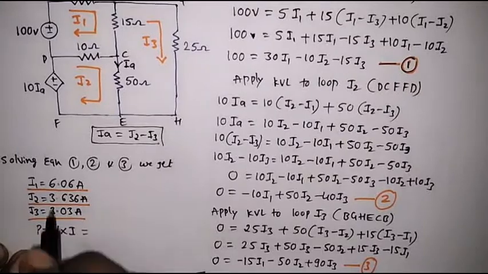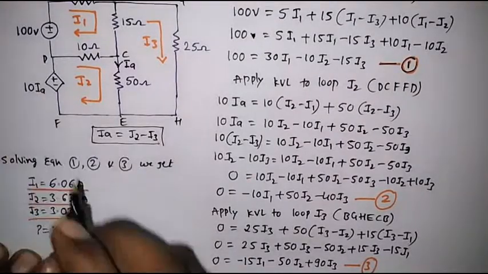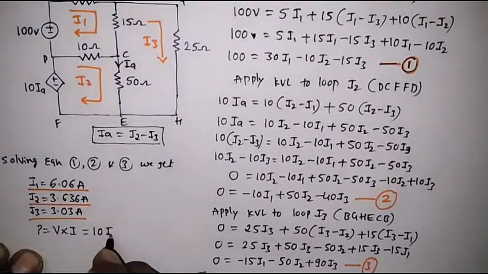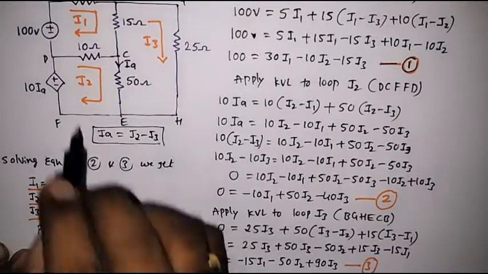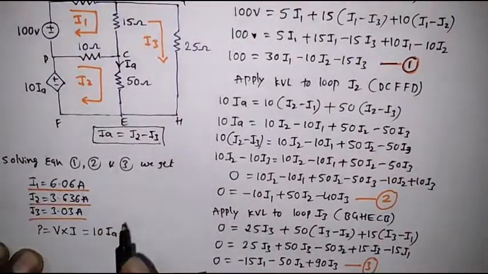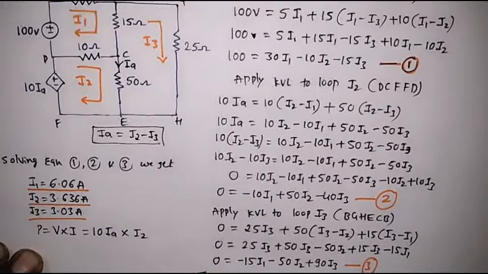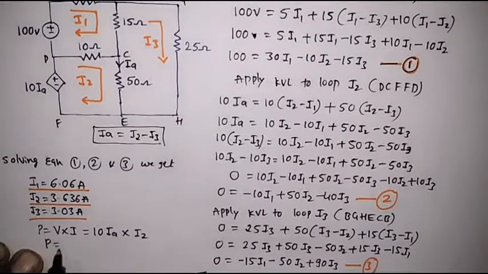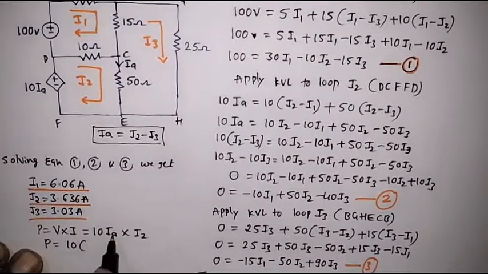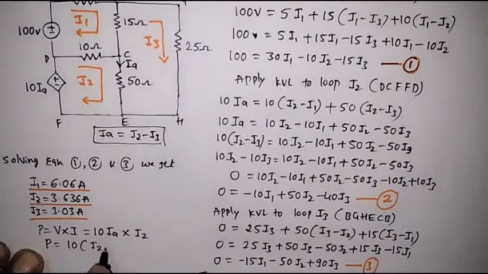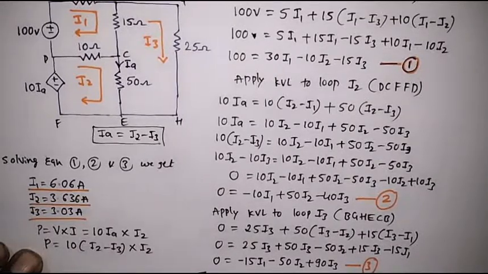Here the voltage is 10 IA, that is the dependent source, into the current flowing in that loop, that is I2. We'll substitute the values. P is equal to 10 into IA, which is nothing but I2 minus I3, into I2.